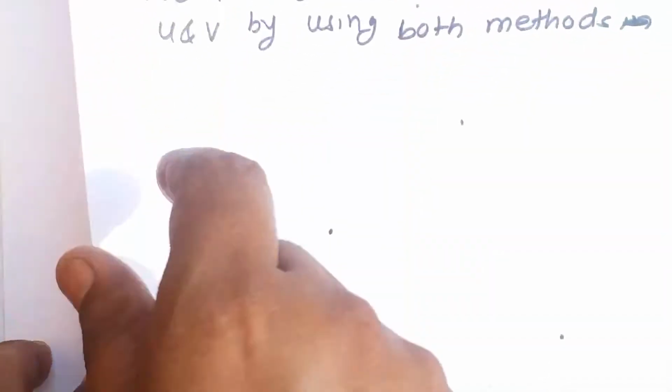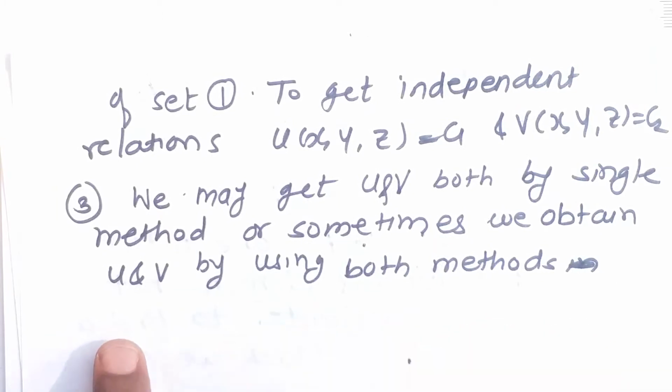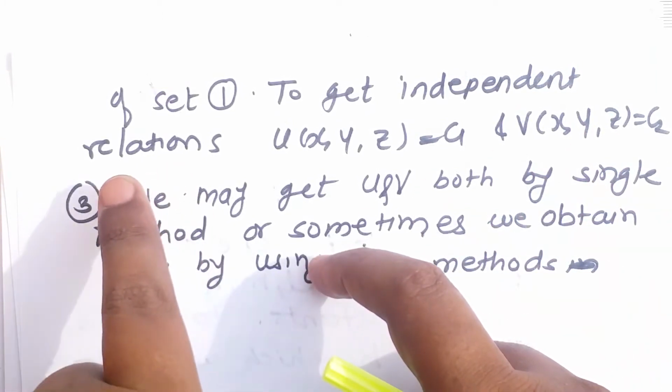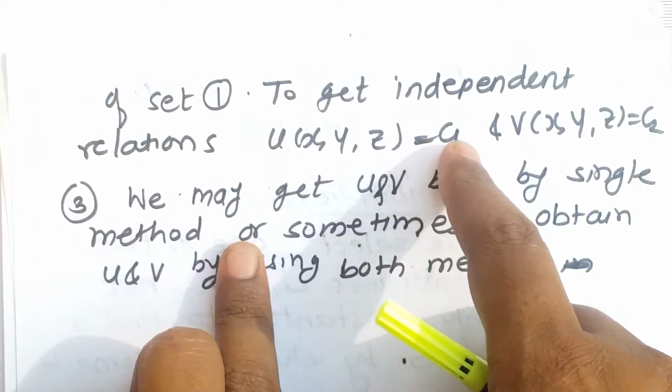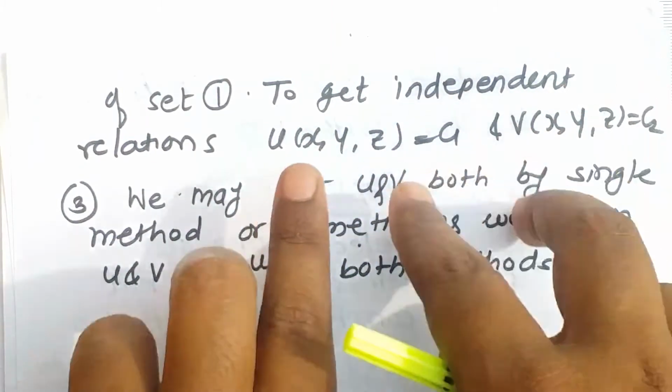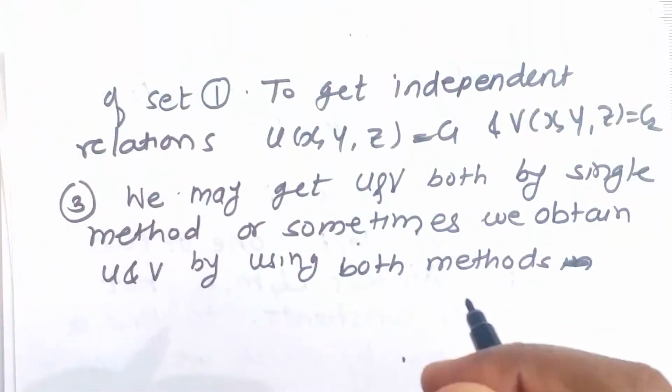This is very important. Then we get independent relations, u of xyz equal to c1 and v of xyz equal to c2. Then only you will get two independent relations.